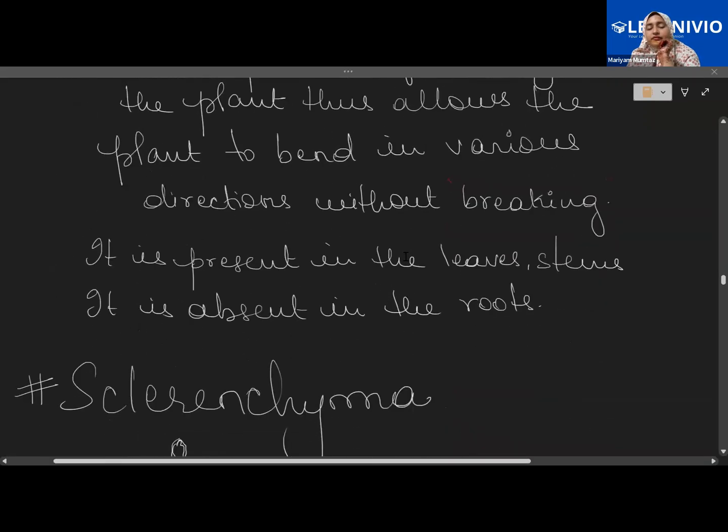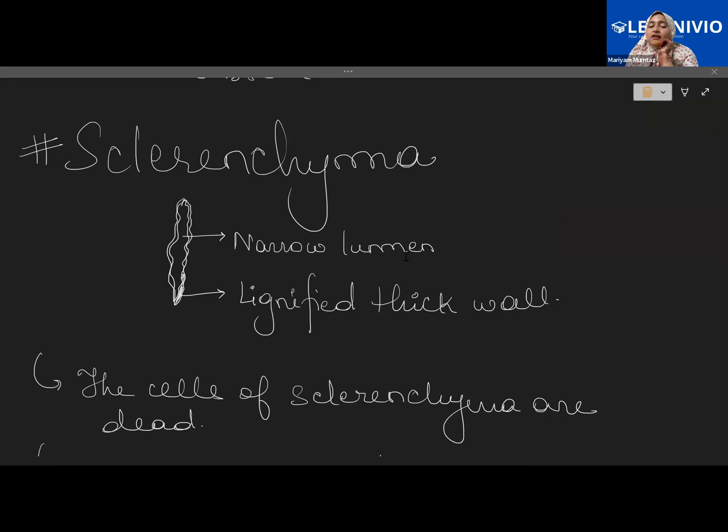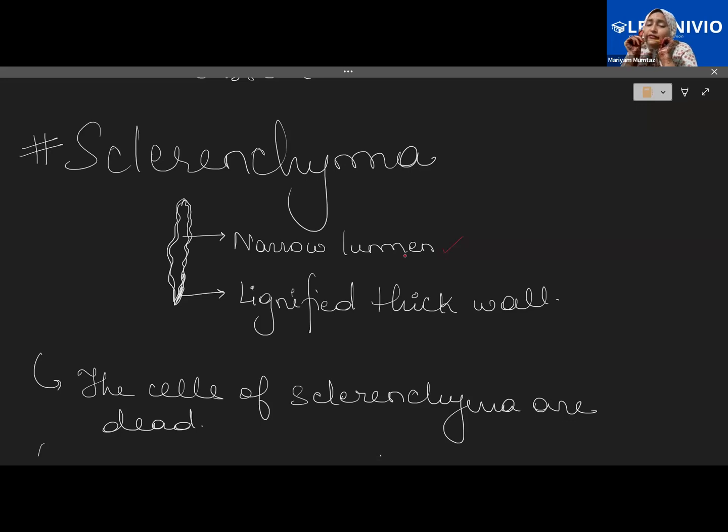Now moving forward, we'll move on to the last kind of simple permanent tissue, and that is sclerenchyma. Now sclerenchyma is characterized, or you can find out whether it is a sclerenchymatous tissue or not, by two things. The first is that it'll have a very narrow lumen, meaning the space which is present inside the sclerenchyma will be very tiny or very narrow.